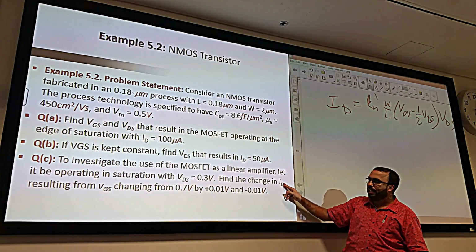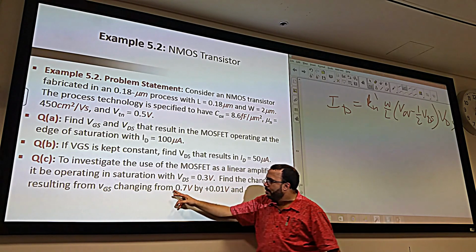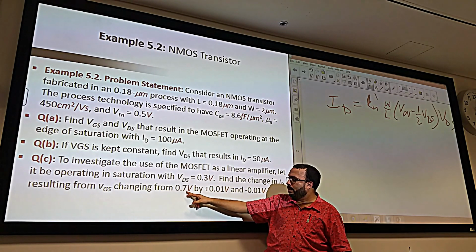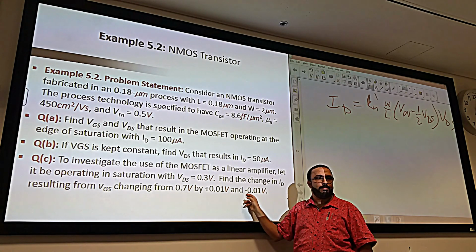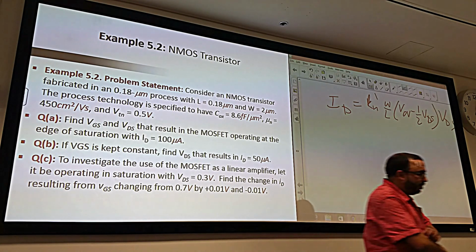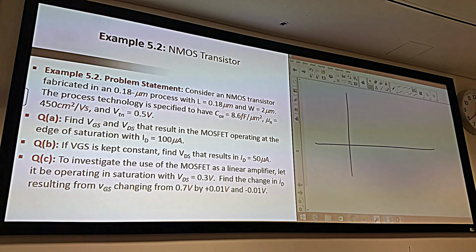Find the change in ID resulting from VGS changing from 0.7 volt by plus 0.01 or minus 0.01. What does it mean? We go and draw something. So let's draw now the characteristic of our transistor.